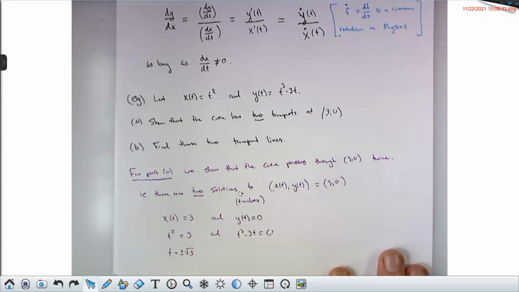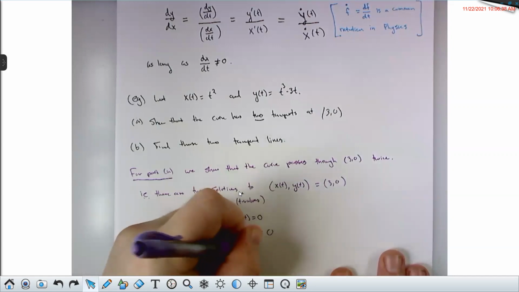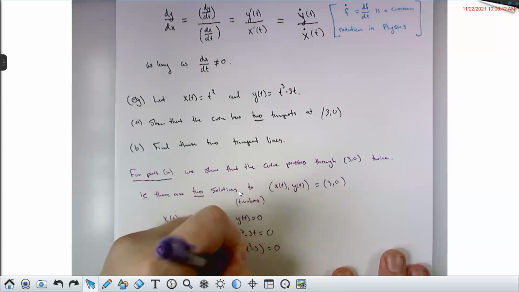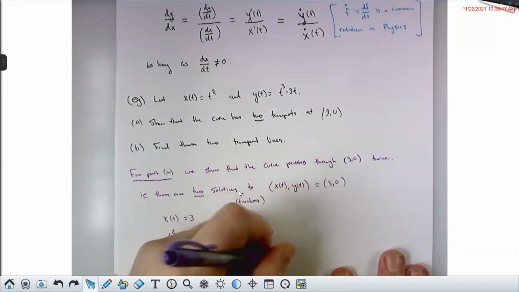And if you just want to check, factor out a t here, and you get t squared minus 3 equals 0. So here you have t equals 0 and t equals plus or minus the square root of 3.